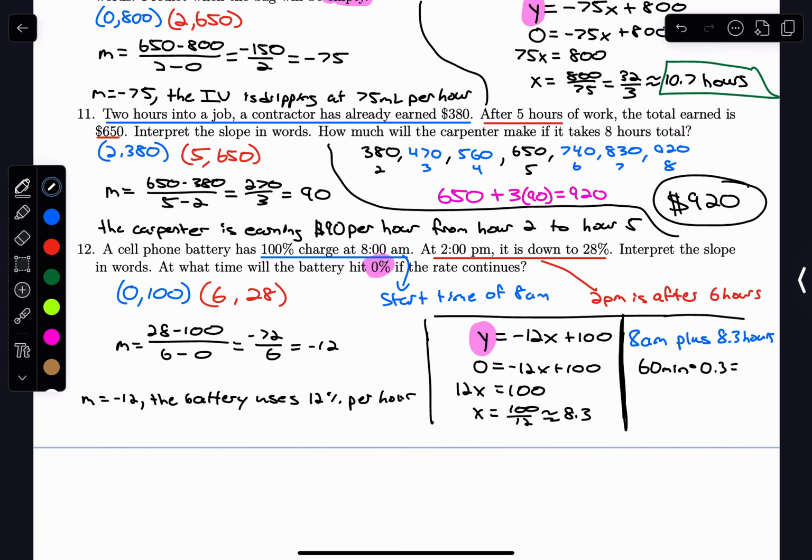So I know that 18 minutes is how far past 4 p.m. it is. So if 8.3 hours is 8 hours and 18 minutes, then this is going to take us to 4:18 p.m. Do not you dare say 4.3 p.m. to anyone, because they're going to look at you like you're a madman.